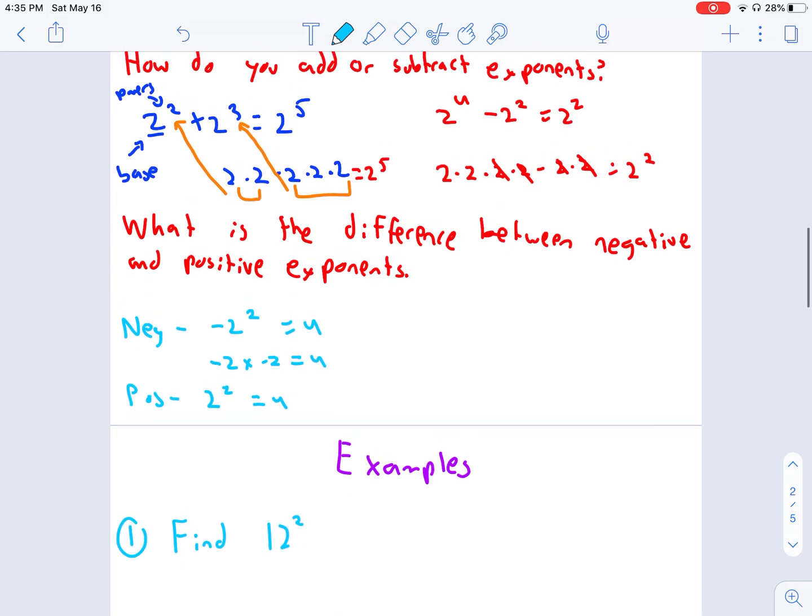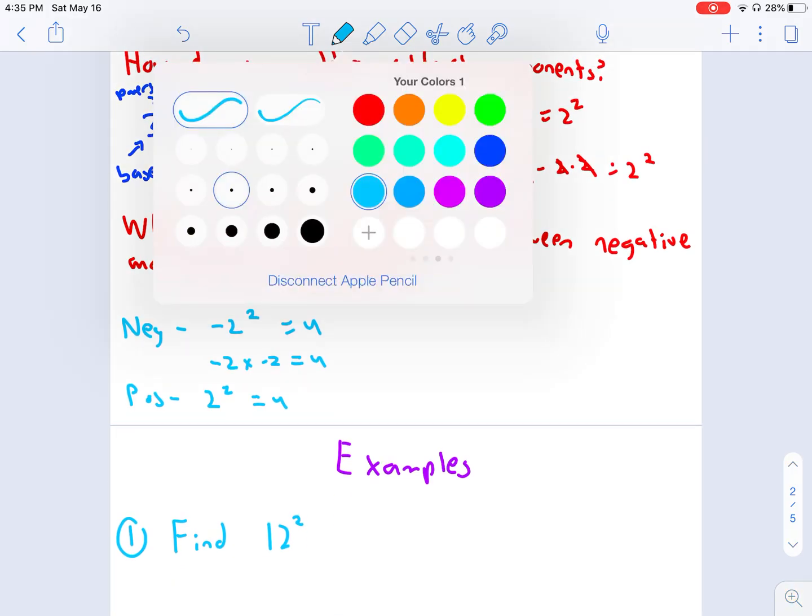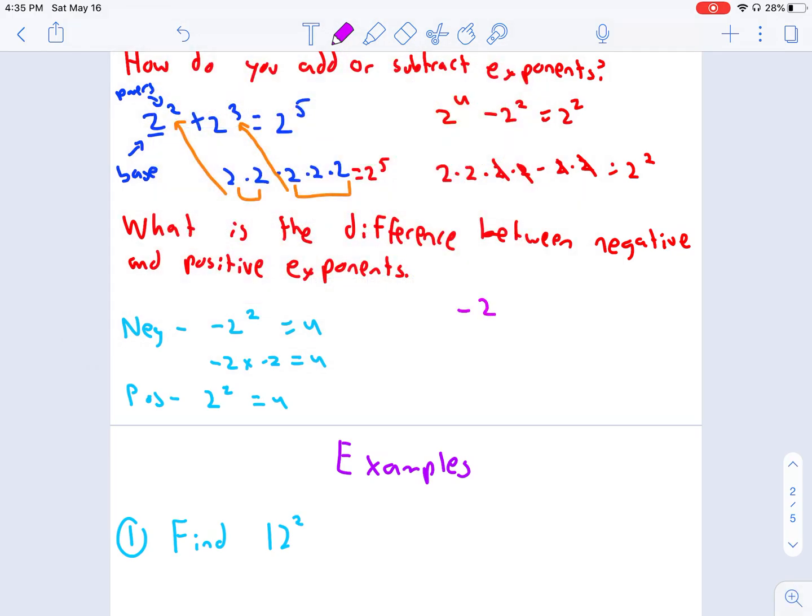But there's an exception, because if you multiply by an odd power, like negative 2 to the third, you'll get negative 8. Because negative 2 times negative 2 times negative 2 is negative 8.